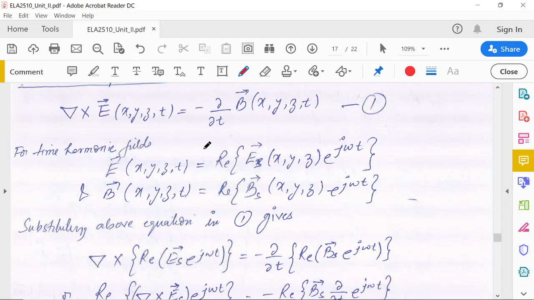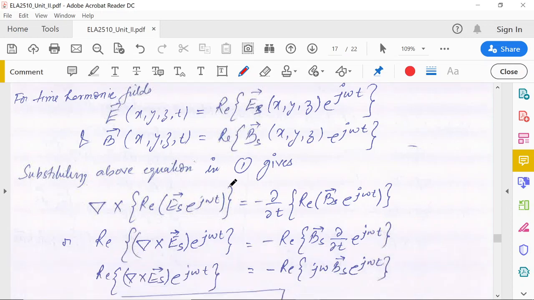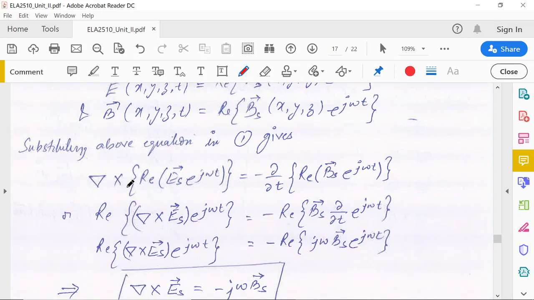Let E equal the real part of E_s(x, y, z) e to the j omega t. So this is the phasor form E_s, and we can write the instantaneous E in this fashion. Now we take the curl of E represented in phasor form, with B represented in this form. You can take the del operator inside, and the curl becomes the curl of E_s times e to the j omega t.